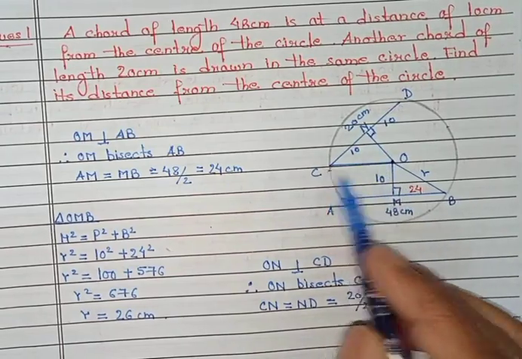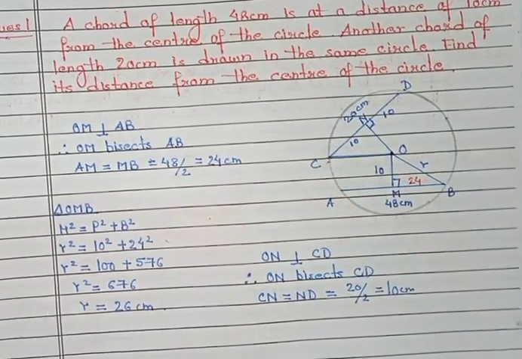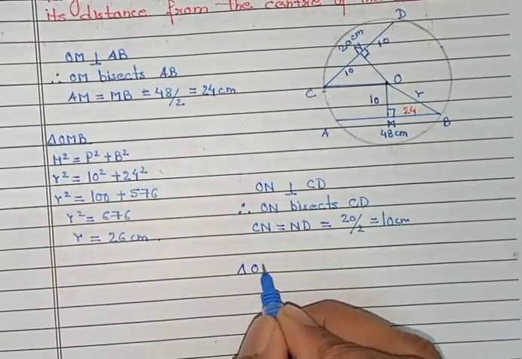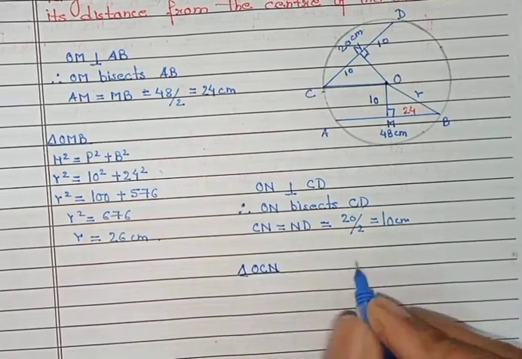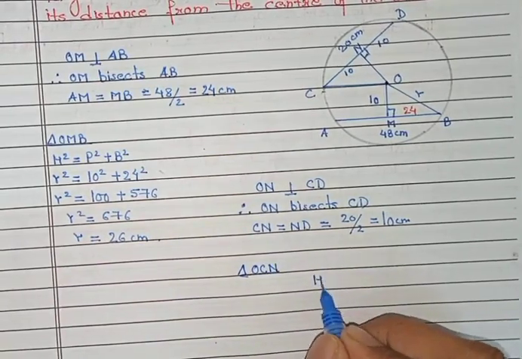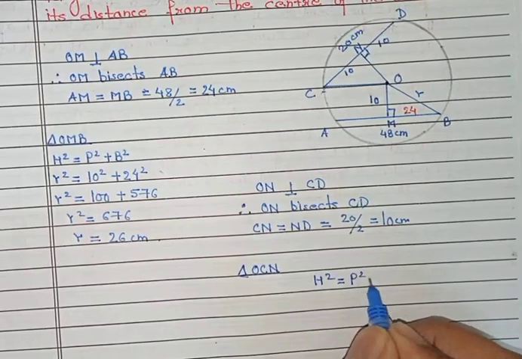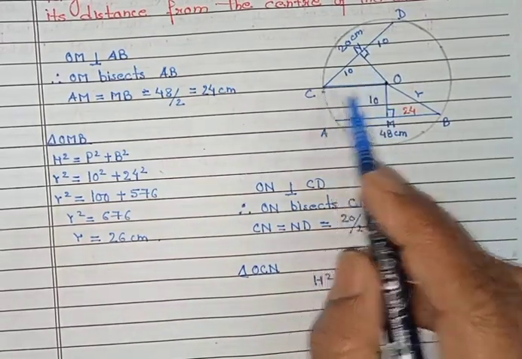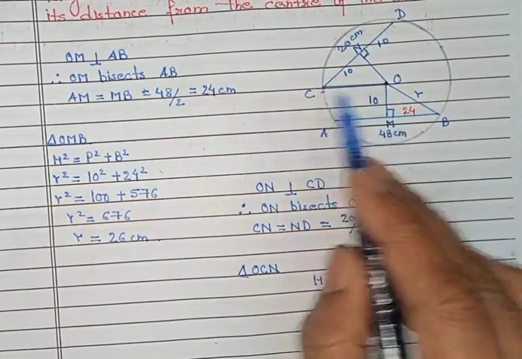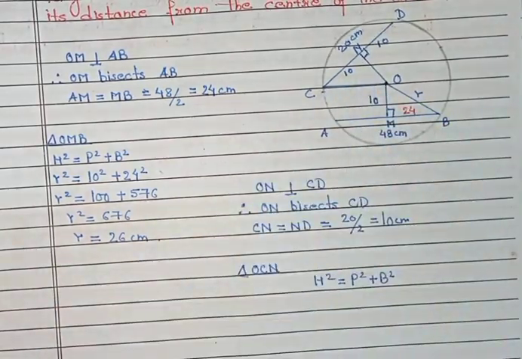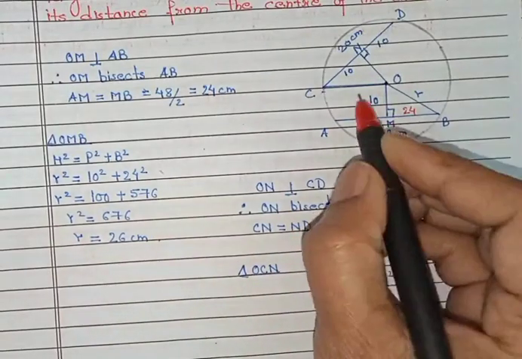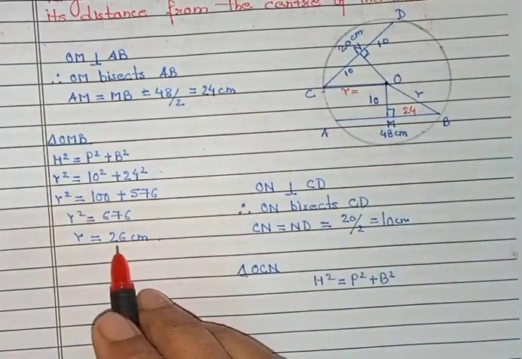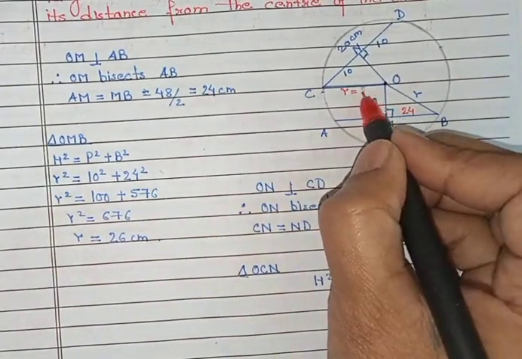Now let us apply Pythagoras theorem in this triangle OCN. It's a right angle triangle, so we will apply the Pythagoras theorem. Now in this right angle triangle OCN, OC is the radius, and the radius we have already calculated in the first part as 26.